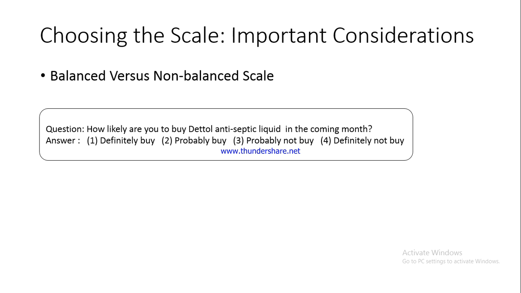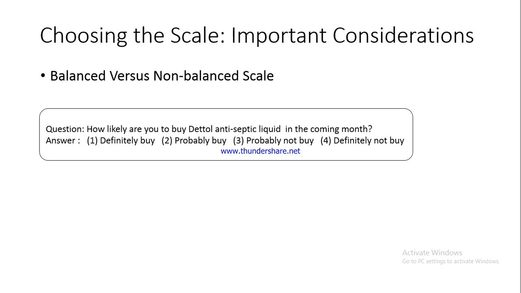Now this is a balanced scale, wherein we have an equal number of positive as well as negative categories. So positive categories are definitely buy and probably buy, which means the respondent is going to buy the product, while the negative category is that particular category which tells us that the respondent is not going to buy.